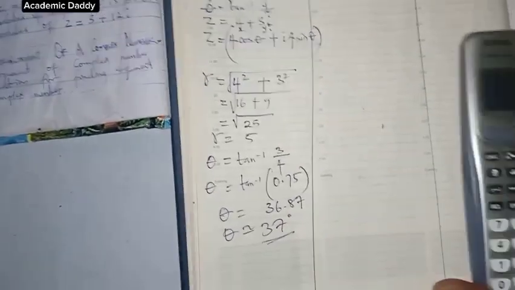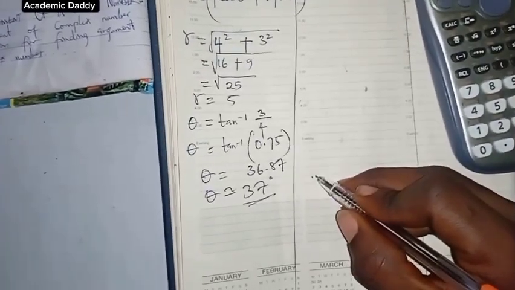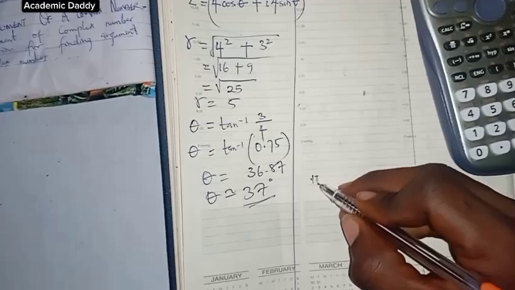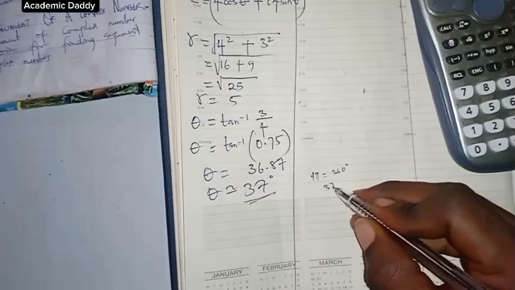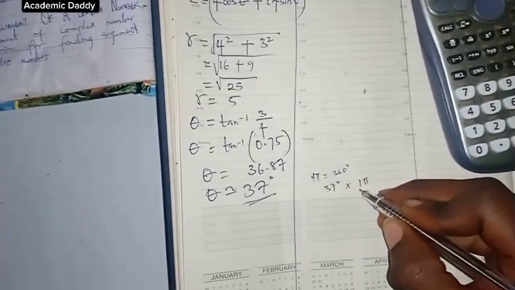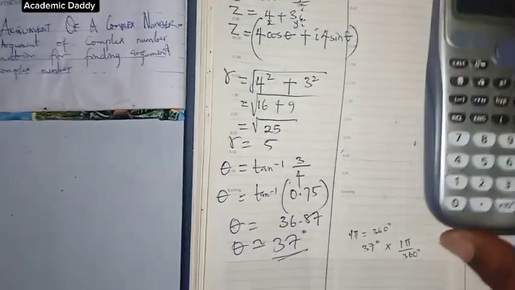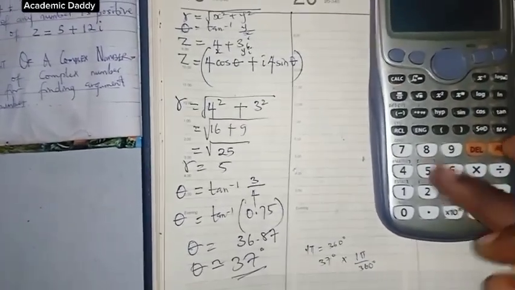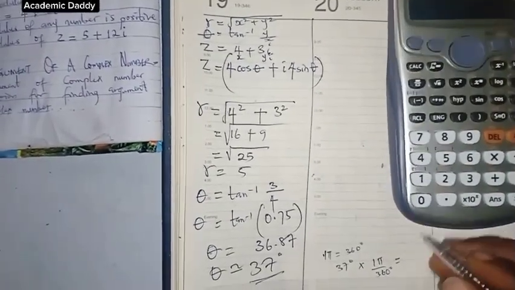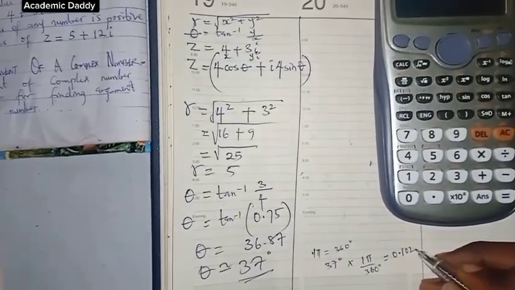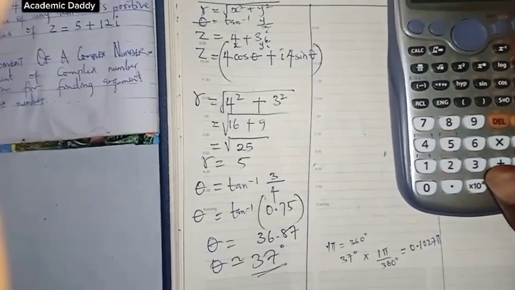If theta is approximately 37 degrees, in case they ask you to convert it to radians, I know that 2 pi equals 360 degrees. So this is 37 degrees times 2 pi over 360 degrees. 37 divided by 360 is 0.1027, and times 2 gives 0.2055 pi.